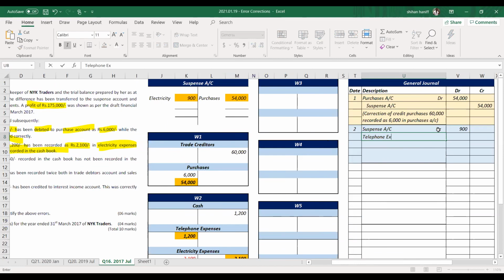Telephone expense also debit 1200. Electricity expenses credit 2100.